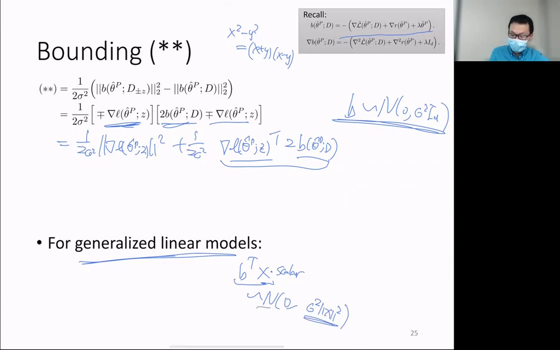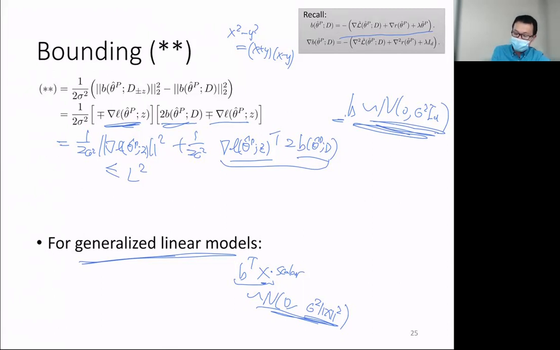Okay, so for the generalized linear model, we can obtain a stronger bound, and the analysis goes by saying we want to bound the second term with high probability using the fact that b is drawn from a normal distribution. For the first term, we can bound it by L squared, by the Lipschitz constant, right? For the second term, we'll bound it differently for the general problem and for the generalized linear model problem.